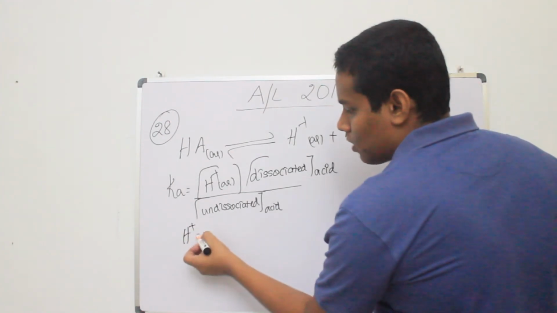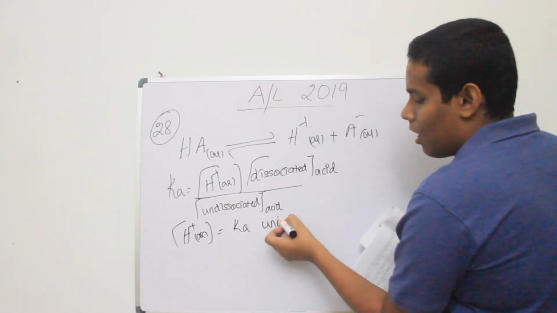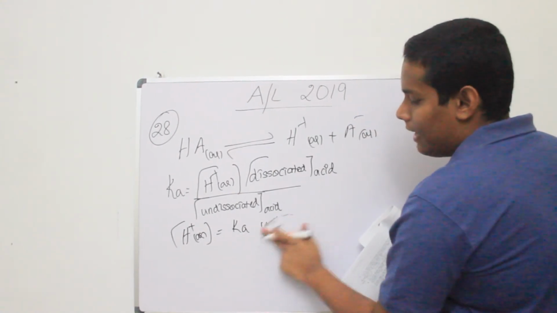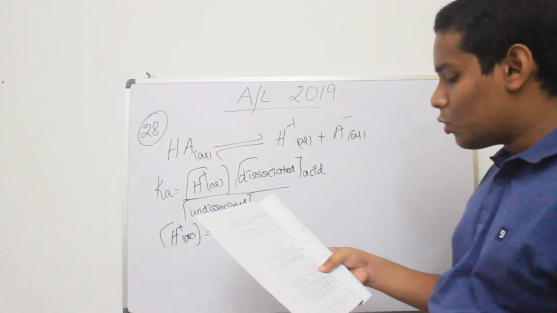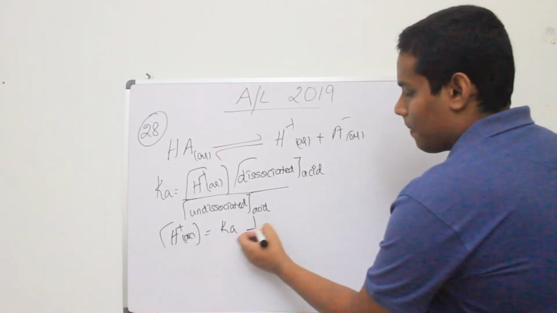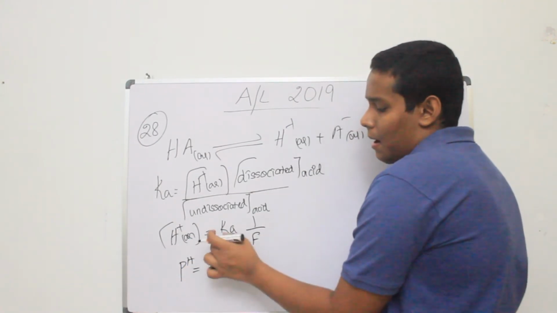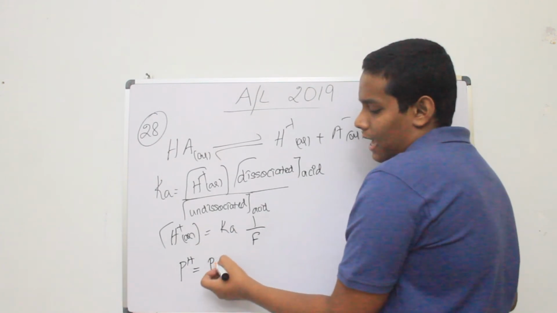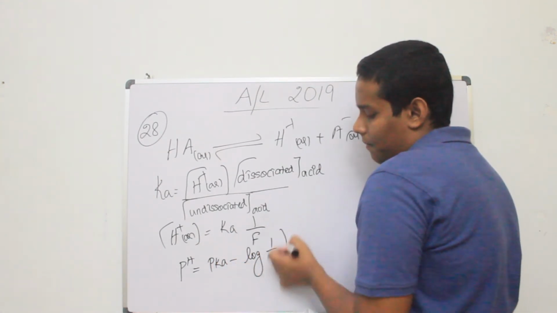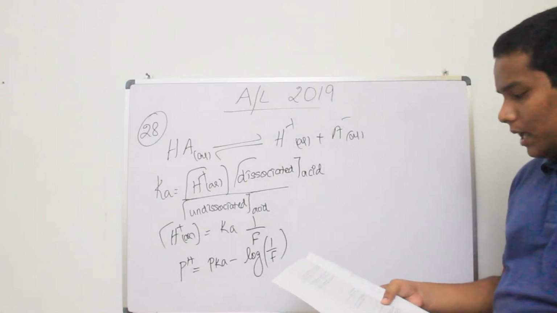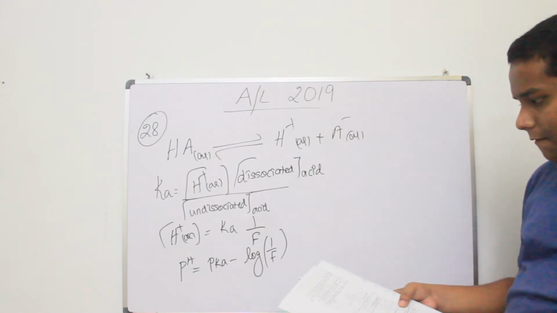H plus aqueous concentration equals Ka into undissociated over dissociated. Undissociated over dissociated means 1 over F. So here, if I take pH, minus log Ka is pKa, minus log 1 over F. But we need it for log F.